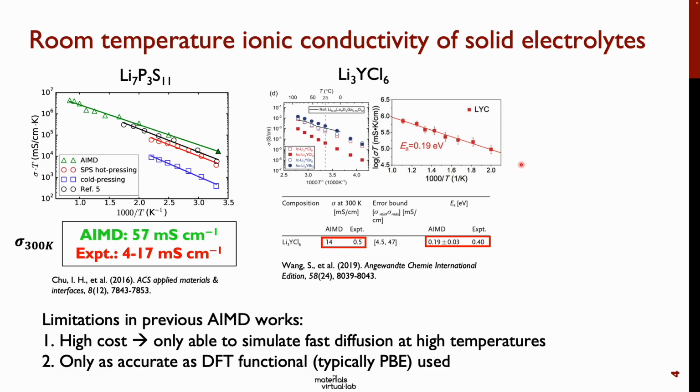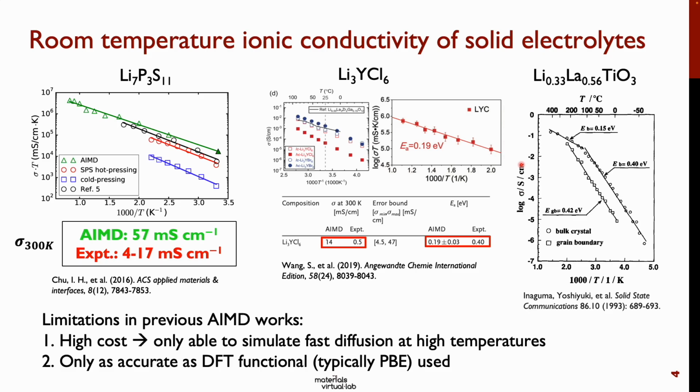And we know that this won't work for materials like lithium lanthanum titanium oxide, where we for sure have non-Arrhenius behavior, which is an increase in the activation energy in the low temperature region. So if we still assume a constant activation energy at high and low temperature regions, then the extrapolation down to room temperature will for sure overestimate the room temperature ionic conductivity, like the AIMD works do.